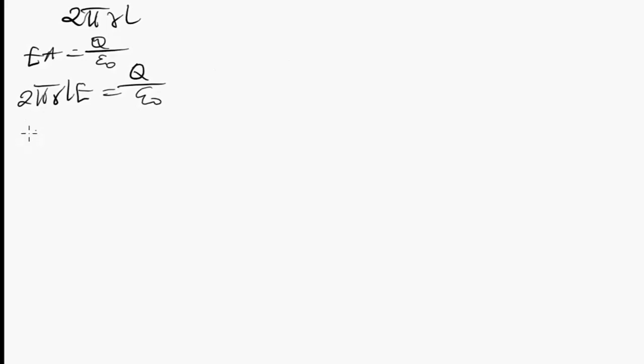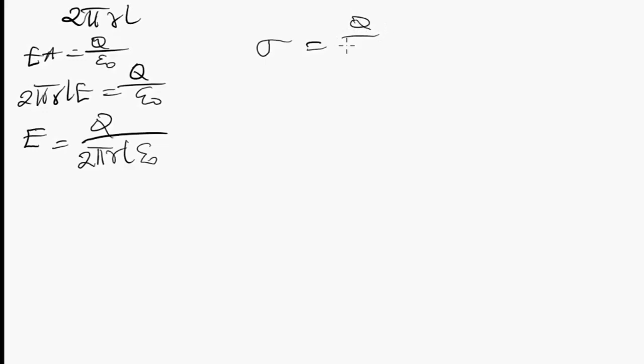Let's say we want to make E the subject of the formula. This becomes Q over 2 pi RL E naught. Alright, so let's recall that our surface charge density is given by the charge over the area.